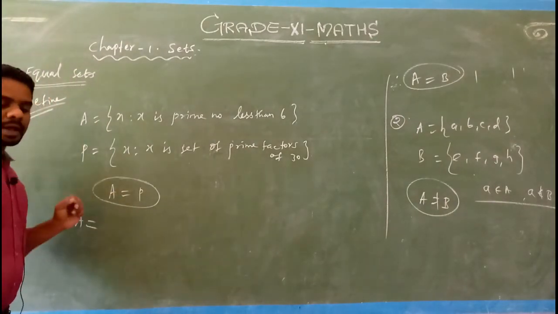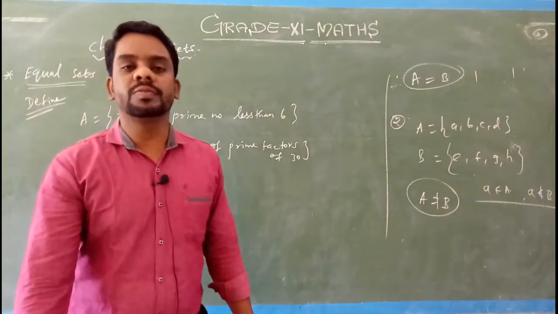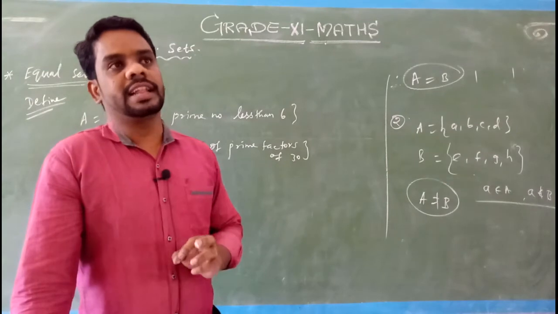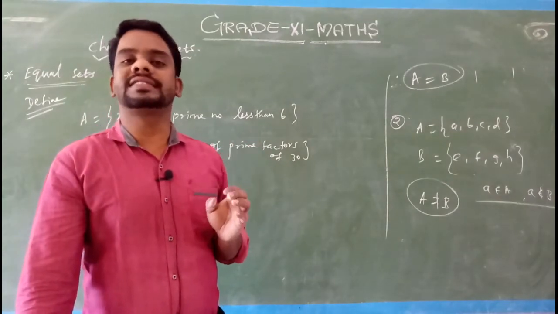So what is a prime number? A prime number is divisible only by 1 and itself. The prime numbers are 2, 3, 5, 7 and so on.